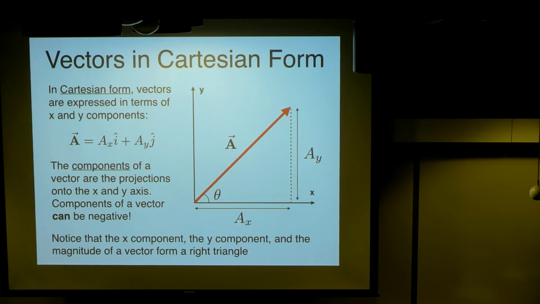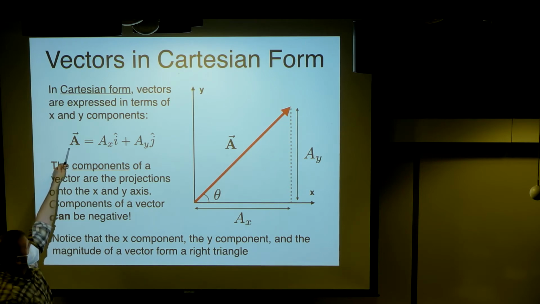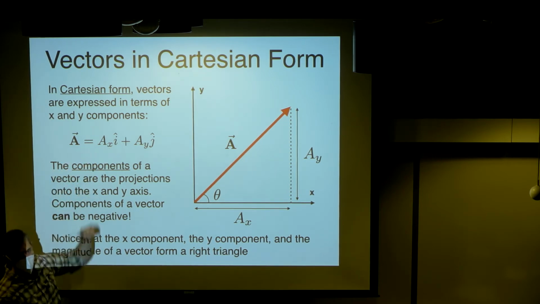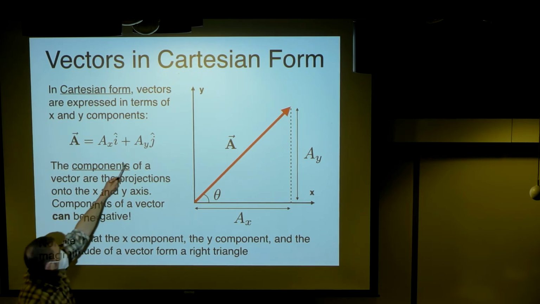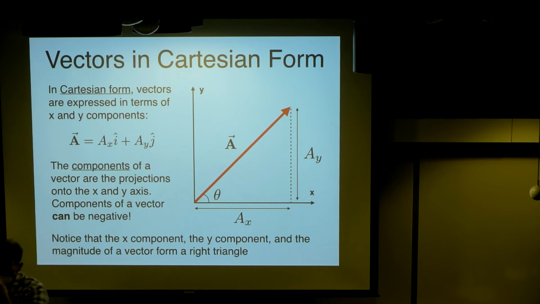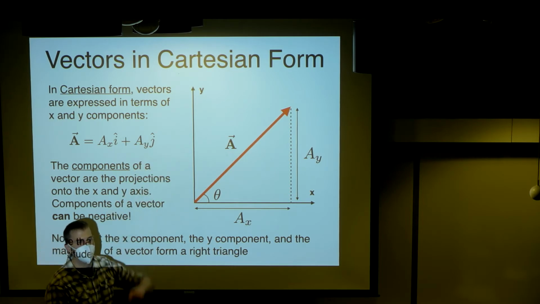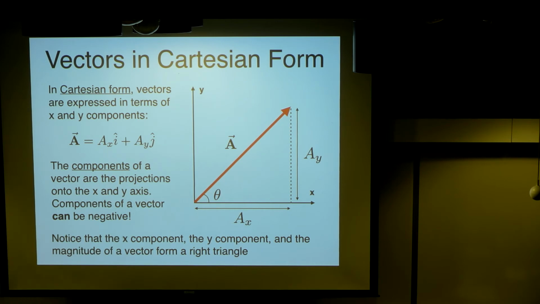Okay, so what we say is vector A, written in Cartesian form, is a sub x times i hat, that's our unit vector in the x direction, plus a sub y times j hat. That's the general way we can write a vector in Cartesian form. And of course, if we had a z-axis, we'd have a third term for that component as well. But for now, let's just stick to x and y components, okay?